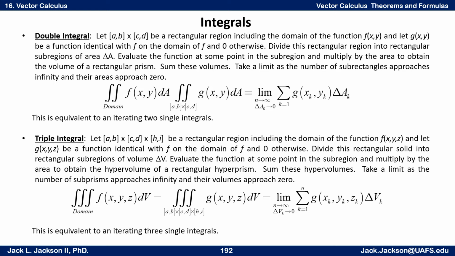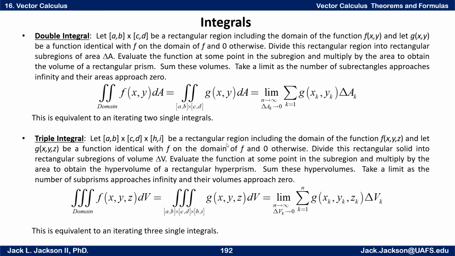Divide the rectangular region into rectangular subregions of area delta A sub k, evaluate the function at some point in the subregion, and multiply by the area to obtain a volume of rectangular prisms. Sum these volumes and take a limit as the number of subrectangles approaches infinity and their areas approach 0, and we have a double integral. It turns out to be equivalent to iterating two single integrals.